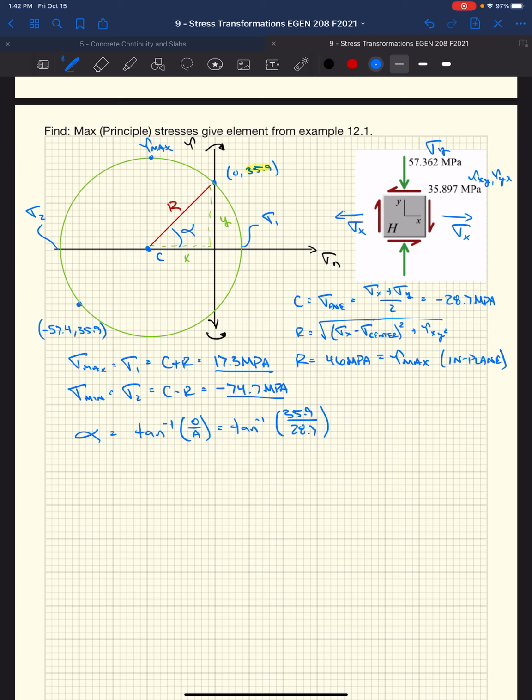Is that opposite over adjacent? The last one we did tau x y over sigma x minus center. Yeah, we just need the coordinates.